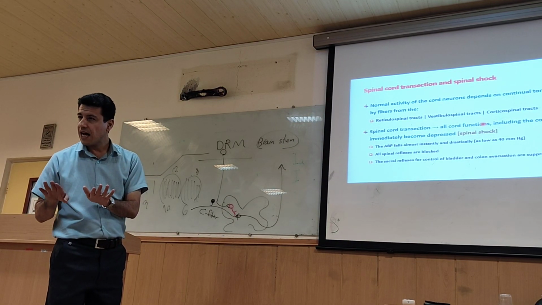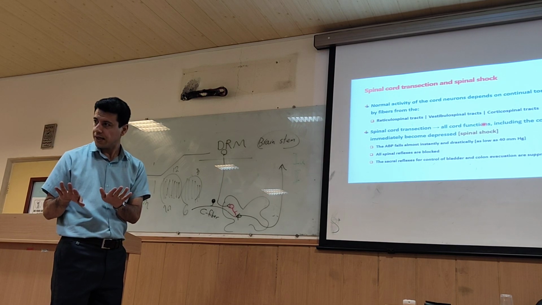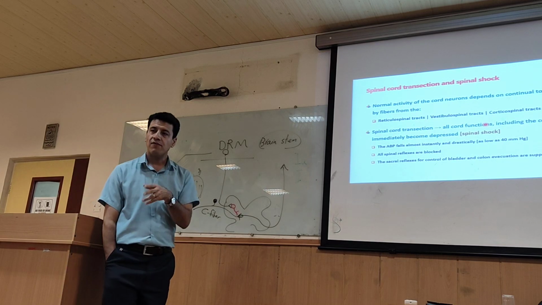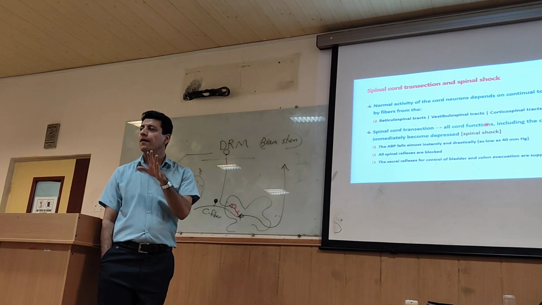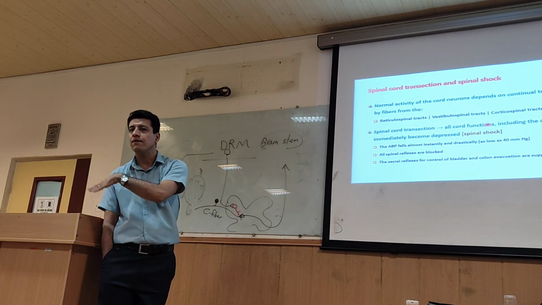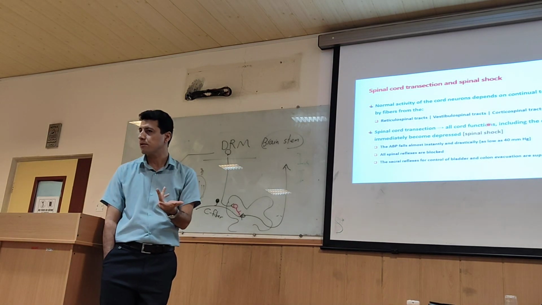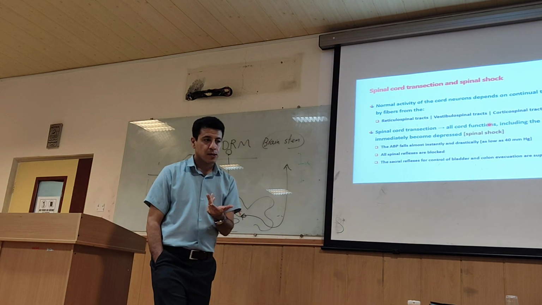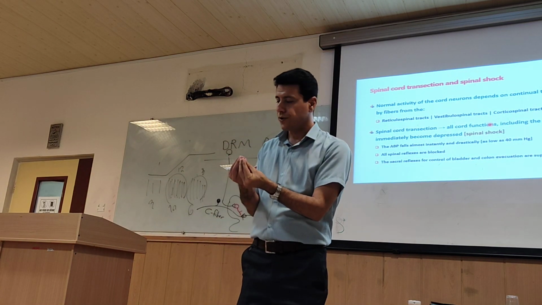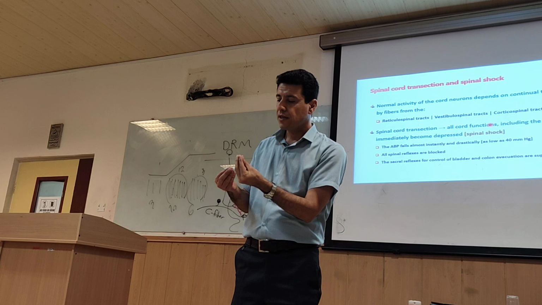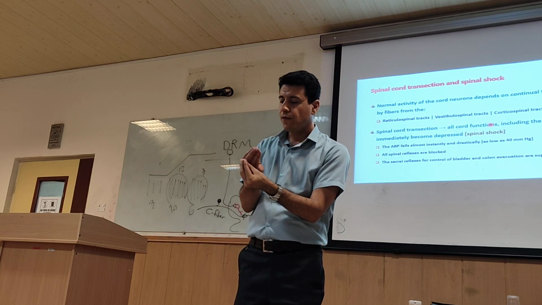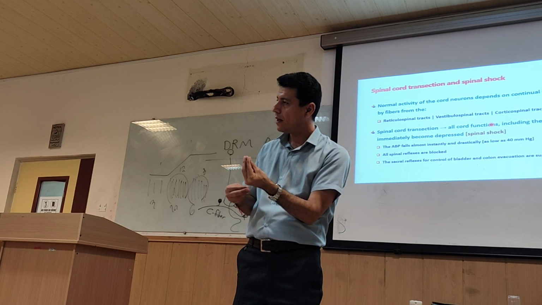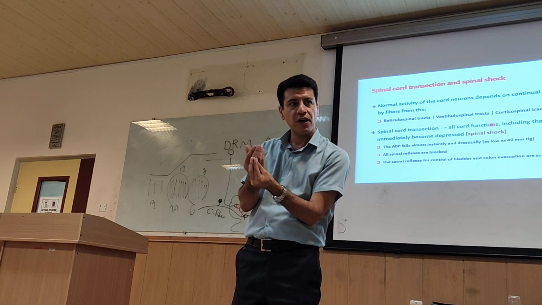They make connections with alpha motor neurons, right? Some of them with gamma motor neurons. But these alpha and gamma motor neurons are the same alpha and gamma that are involved in reflexes. Okay? Because alpha motor neuron is activated by way of 1A fiber or 2 fiber, it is inhibited by 1B fiber.